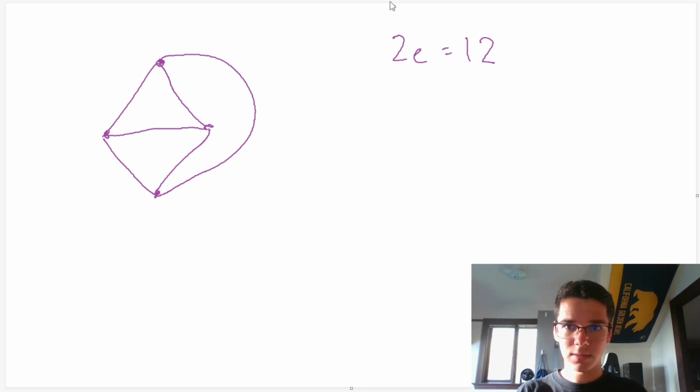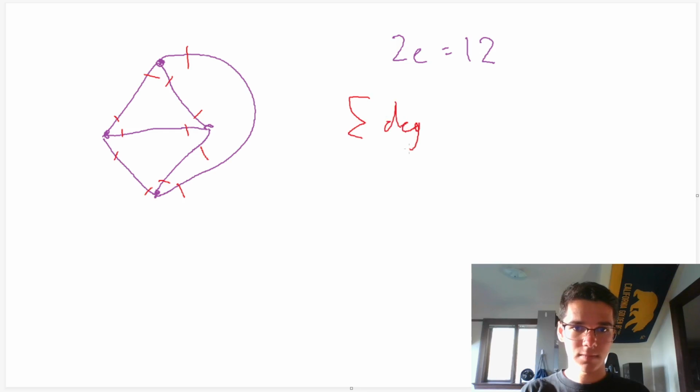So let's just count the degrees of each vertex. So this has 1, 2, 3 edges coming out of it, and this is 4, 5, 6, 7, 8, 9, 10, 11, 12. So as we can see, the sum of the degrees of the vertices is equal to 2e.